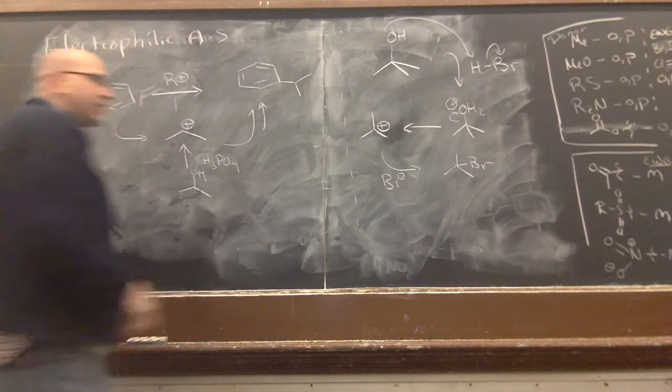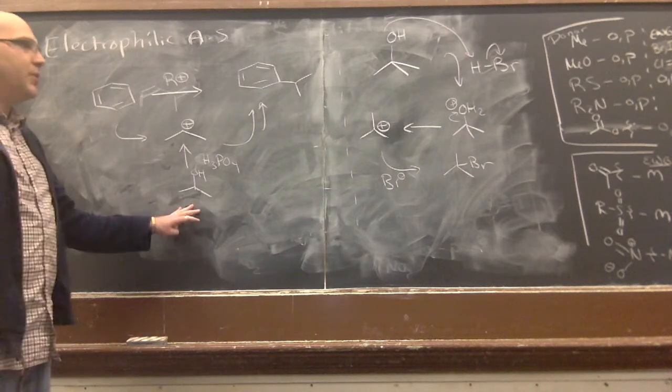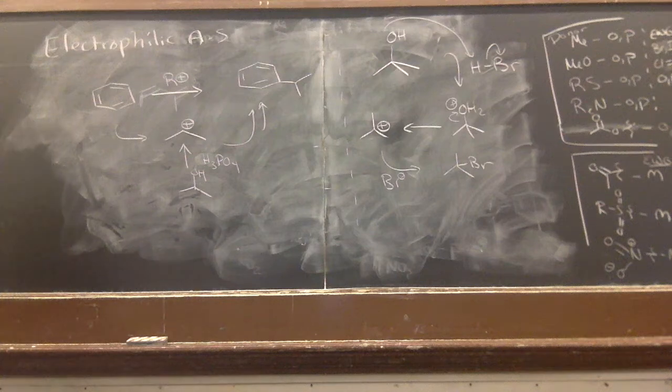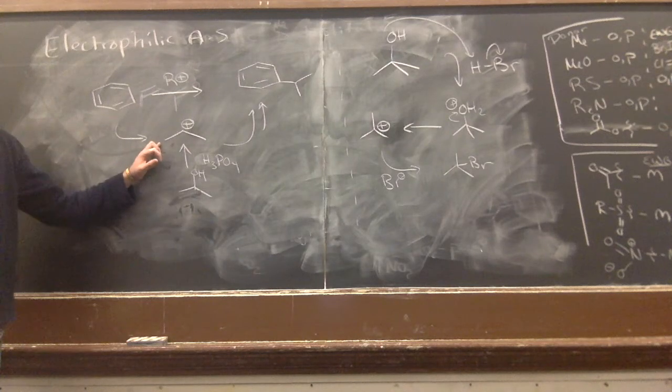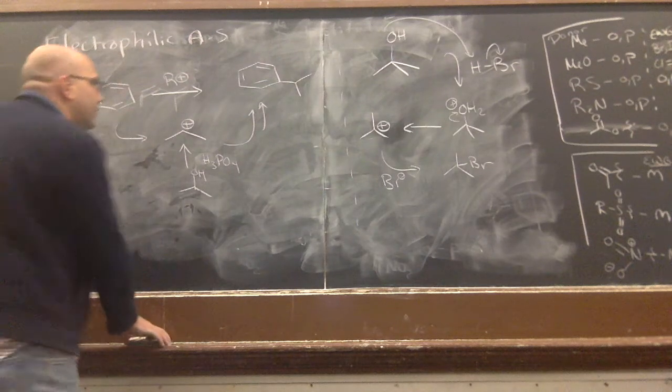This is the one the book discusses, but the point is you need some type of acidic source, you protonate that, and then leave behind a cationic intermediate. So this was one reaction that I wanted to mention. You can tell it's simply an extension of what we saw previously. You can generate a carbocationic intermediate, something that can react.